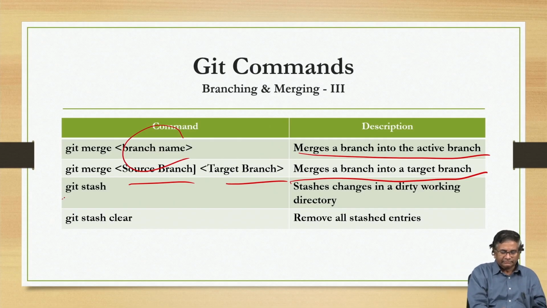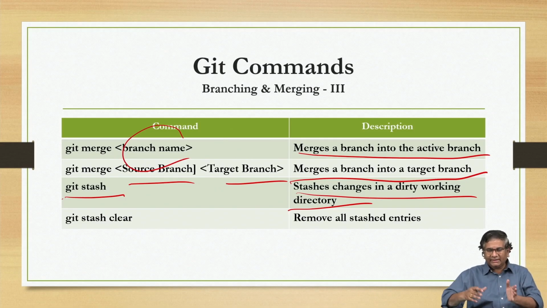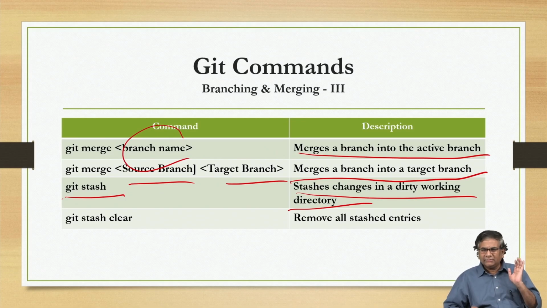Git stash, I talked about it. Stashing changes in a dirty working directory. This is different from staging, right? Staging is like a temporary area for all the files, whereas stashing is actually creating another temporary branch where you store all the changes. So it is as good as having the same code in a different branch. Why do we do that? For example, we don't want to stage or commit unnecessarily.